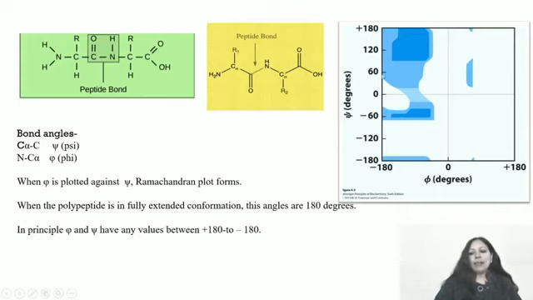Let's take an example of L-alanine, on which the plot is based. You will see some dark blue areas right here, some medium blue areas right here, and some light blue areas.